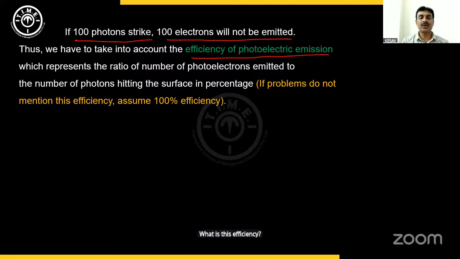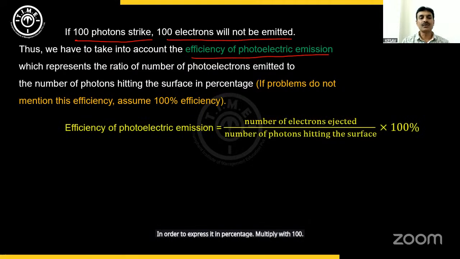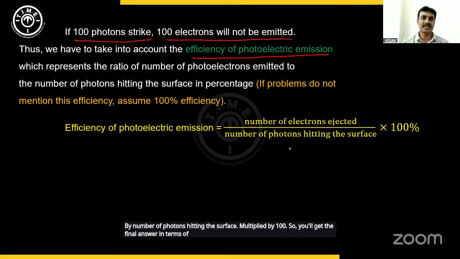The number of photoelectrons emitted divided by the number of photons hitting the surface. In order to express it in percentage, multiply it by 100. So, the efficiency of photoelectric emission is the number of electrons ejected divided by the number of photons hitting the surface, multiplied by 100. So, you will get the final answer in terms of percentage.